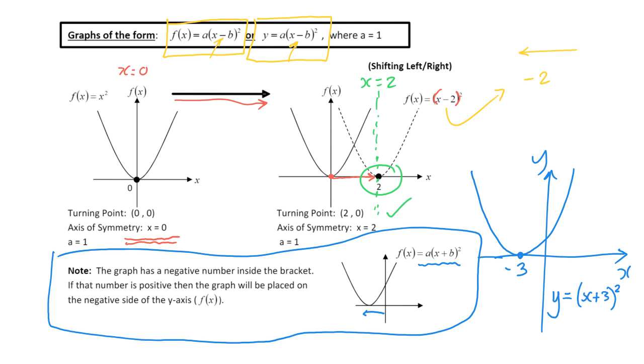A couple of key things. It's still a square term because it's still a parabola, and the plus 3 is because we've moved into the negative side. So moving into the negative side means that inside the bracket is positive. On the top one, we moved into the positive side, so inside the bracket is negative.